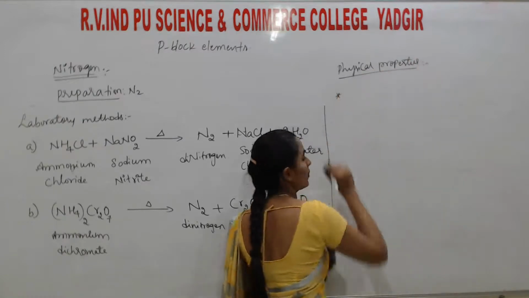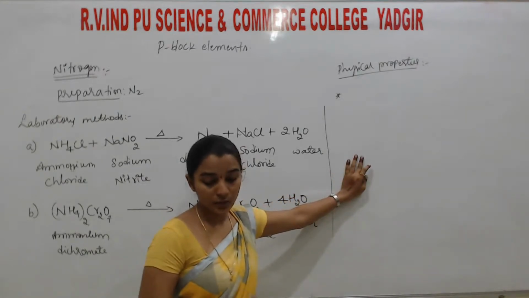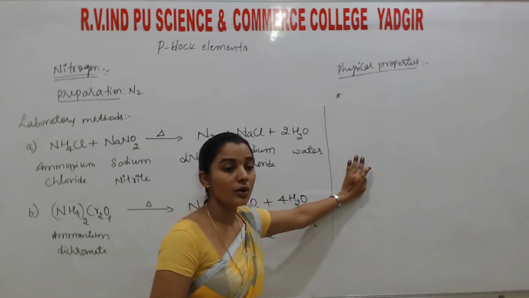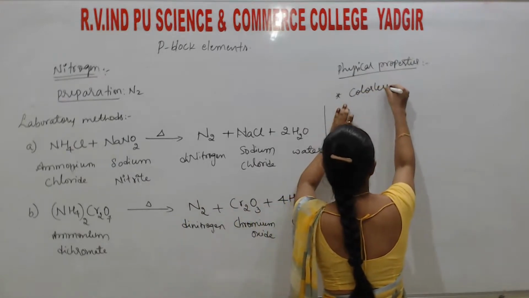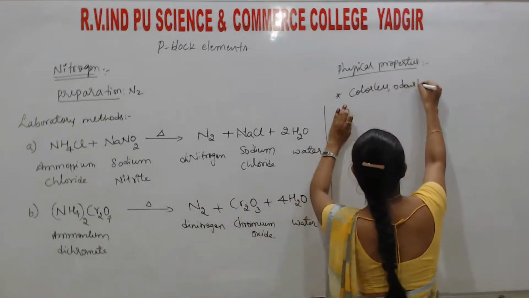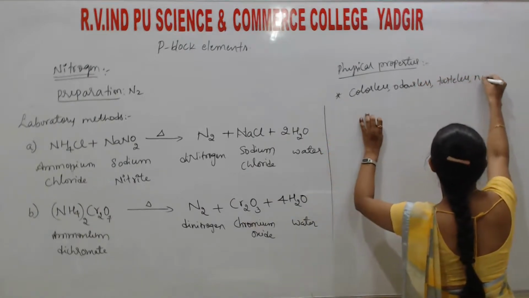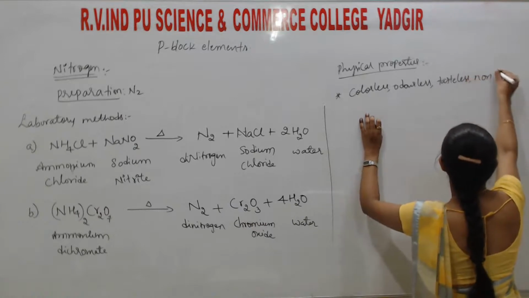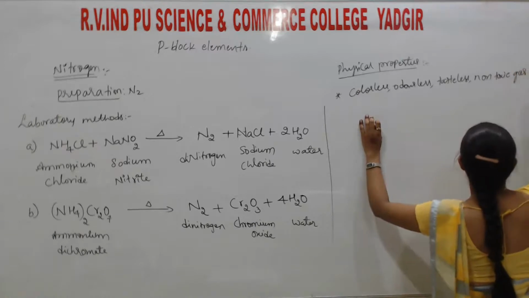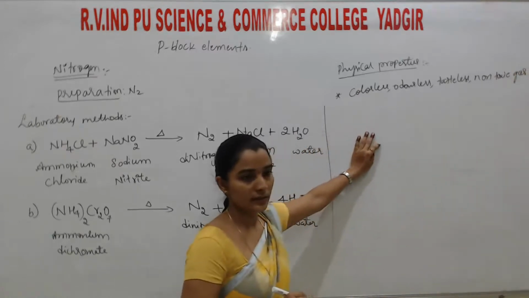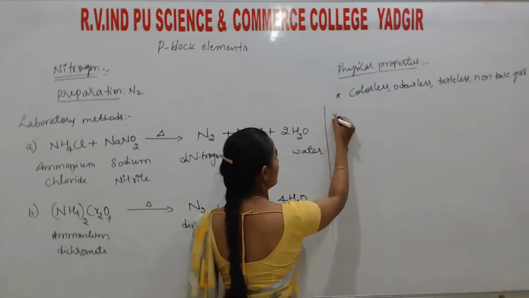The physical properties of nitrogen: it is a colorless, odorless, tasteless, non-toxic gas. Non-toxic means non-poisonous.